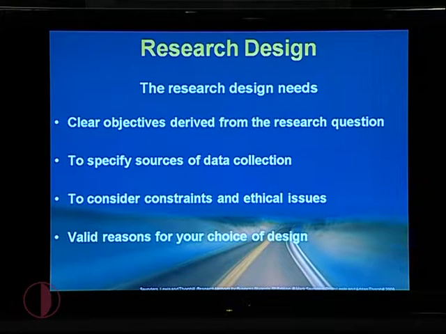It should specify and allocate the resources we need to collect the information, and consider the constraints and ethical issues during the research. Moreover, there should be a valid reason for your choice of the design.